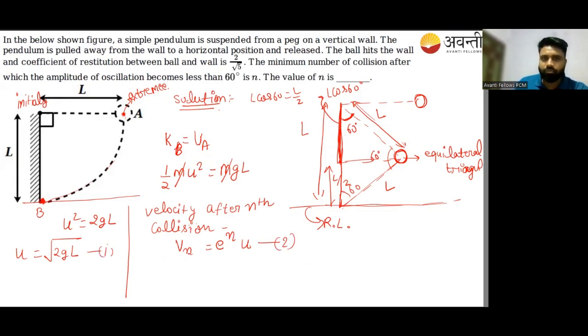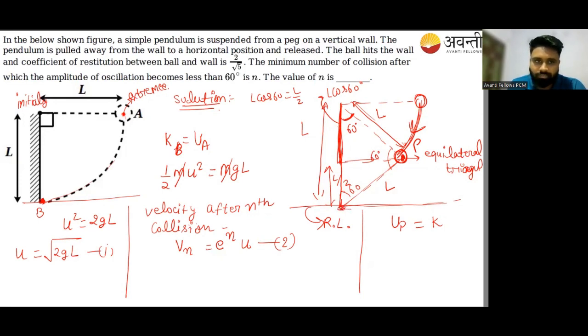Now we have to find out the final velocity at the 60 degree position. We have to calculate. So at this point, let's say this point is P, the potential energy of P is also equal to the kinetic energy finally at this point, because it is rotating in this direction. It keeps doing this simple harmonic motion in this way. So the potential energy of this point A should be equal to the kinetic energy of this point.